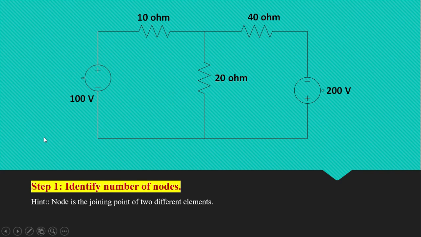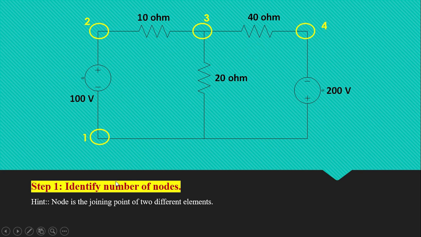For this, the first step is, for the given circuit, we have to identify the number of nodes. If you see the circuit, we can take this as node 1, this as node 3, and this as node 4.